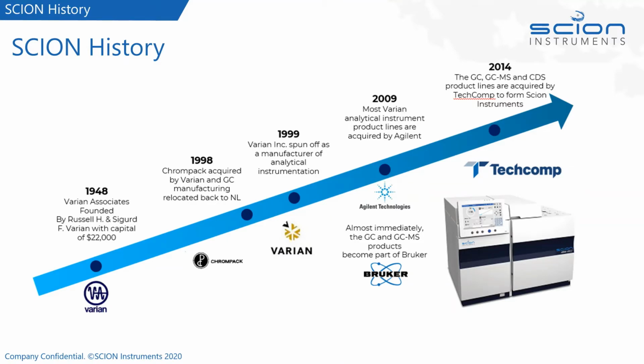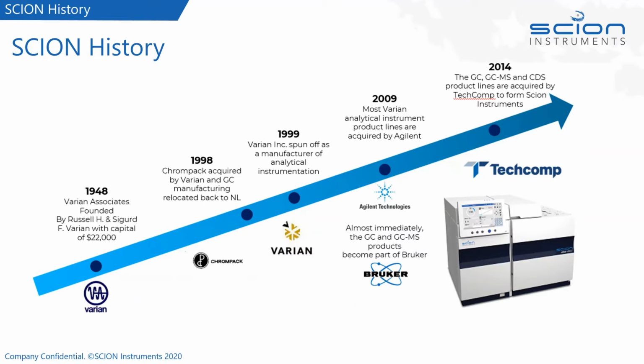That was then acquired by Chrompack in 1998, and that was where the manufacturing moved to the Netherlands. This then became a Varian Incorporated spin-off company where the focus was really on expanding that gas chromatography business, and then we changed our name back to Varian.